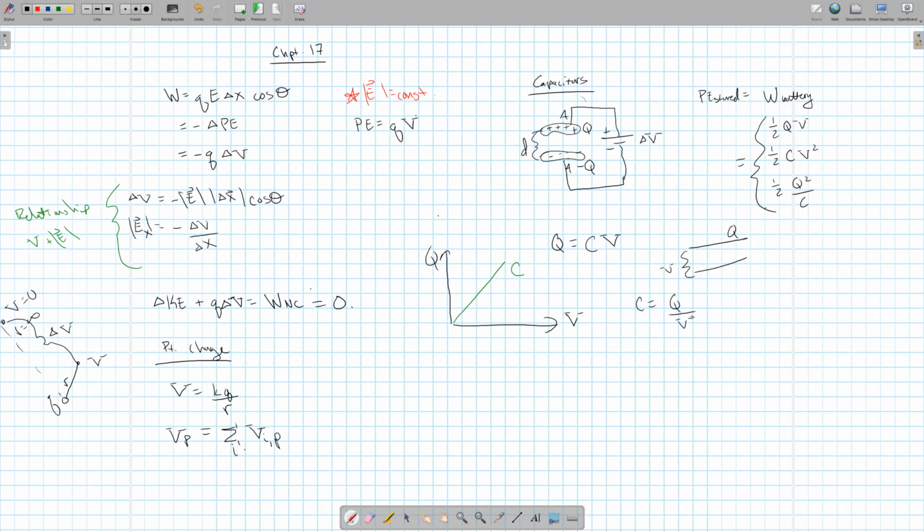For a non-simple geometry, this is something we'd have to measure experimentally. If it was a simple geometry, we could easily calculate it because we can calculate the potential difference across the plates. In the specific case that we looked at, we found that the capacitance for the parallel plate capacitor was epsilon naught times the area divided by the distance. This is only true for a parallel plate capacitor.